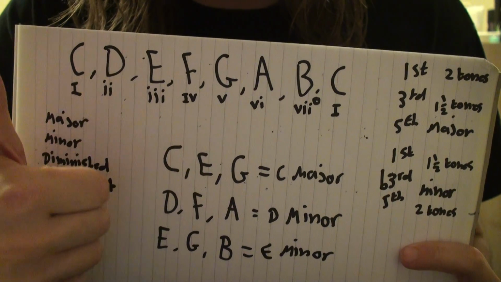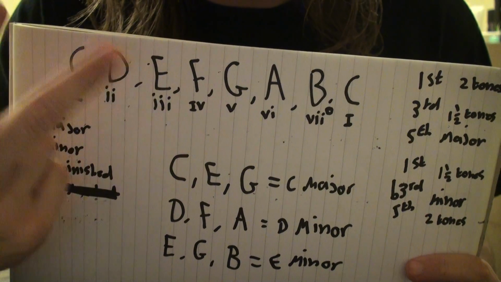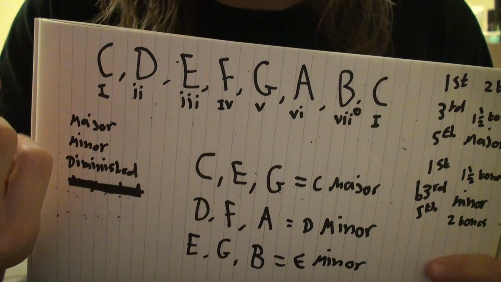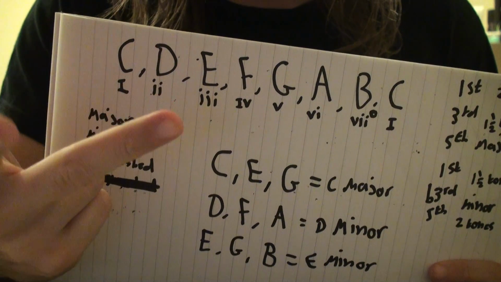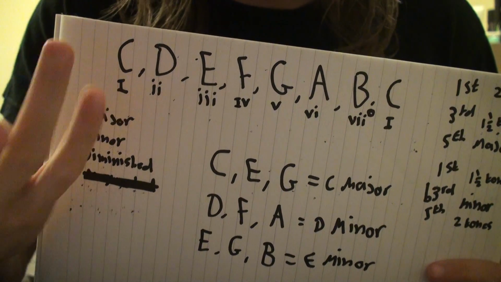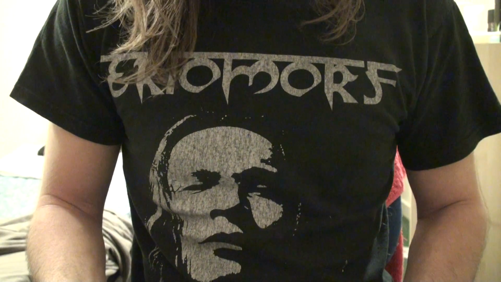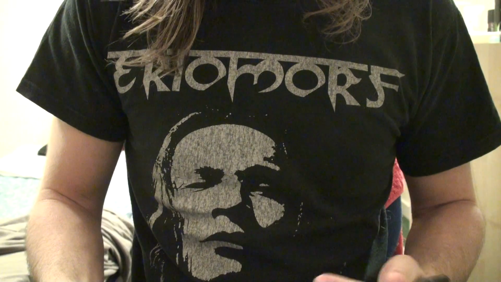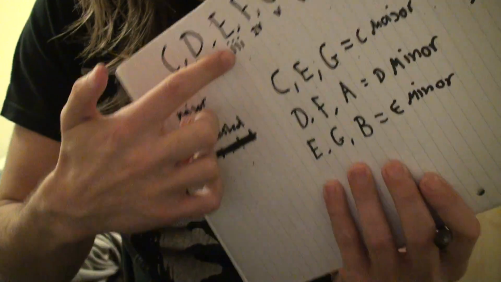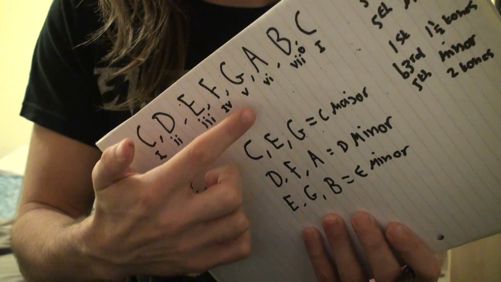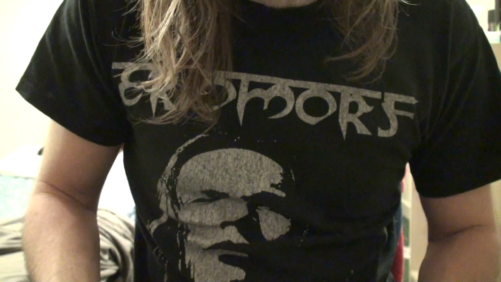E to F is 1, F to G, F, F sharp, so 3 notes, E, F, F sharp. There you go. So that is our next chord. Like it shows here, E will be a minor chord. E, G, B.